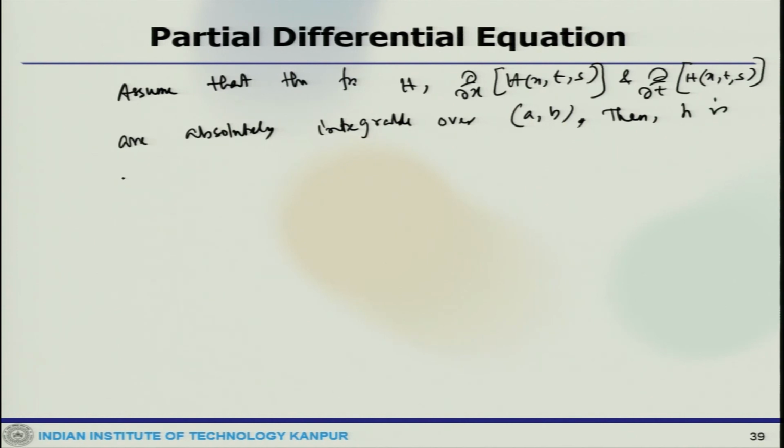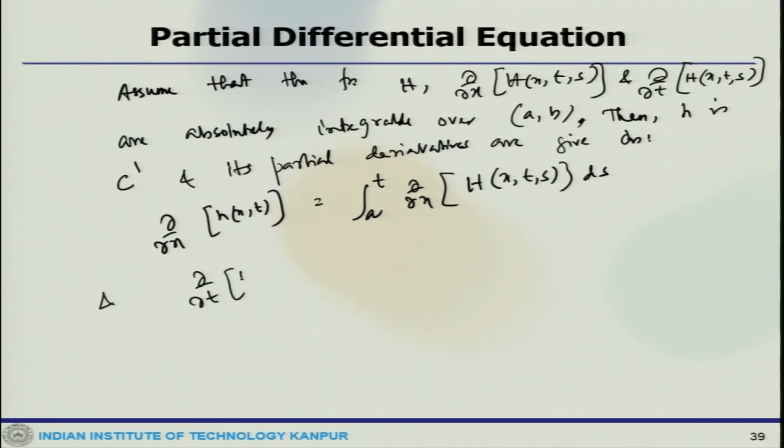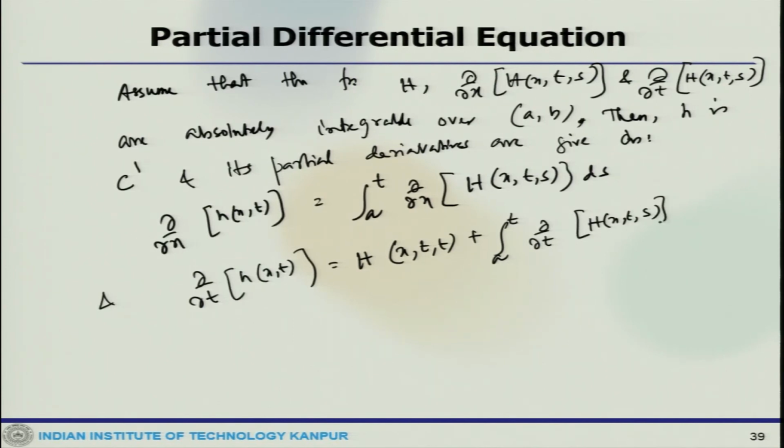Then h is C1 and its partial derivatives are given as del x of h of x, t is the integral from a to b of del x of H of x, t, s ds, and we can write del t of h of x, t equals H of x, t, t plus the integral from a to t of del t H of x, t, s ds.